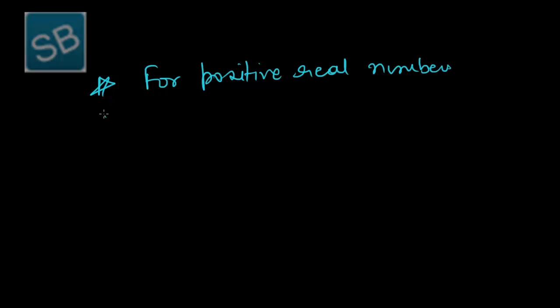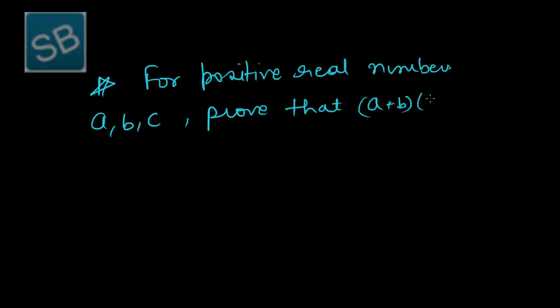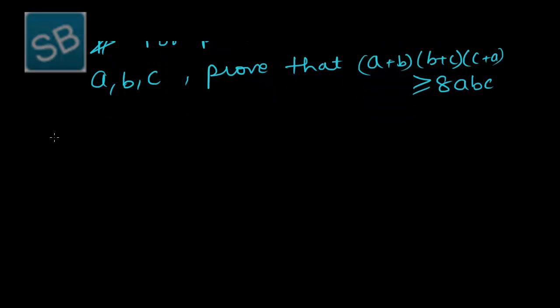Now the next problem is: for positive real numbers A, B, C, prove that A plus B into B plus C into C plus A is greater than or equal to 8 times A, B, C, the product of the three numbers. So we have to prove this.